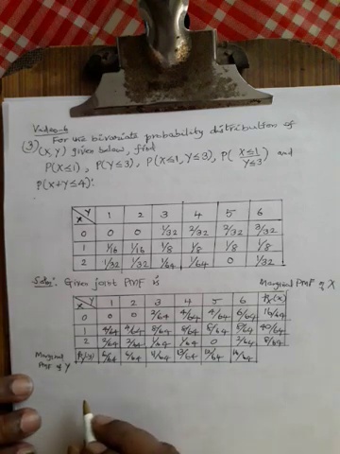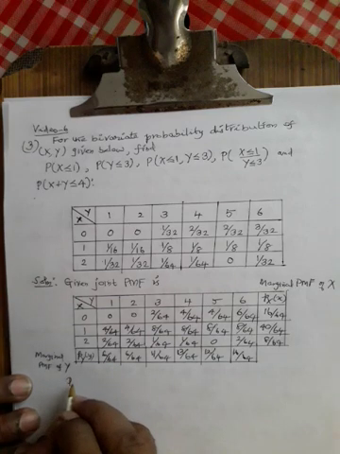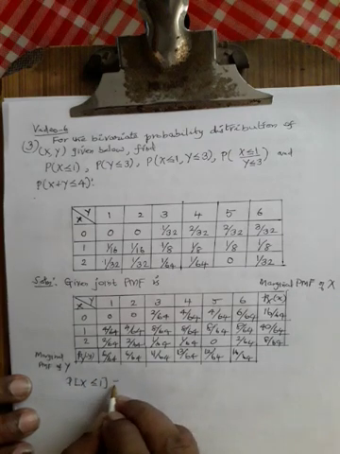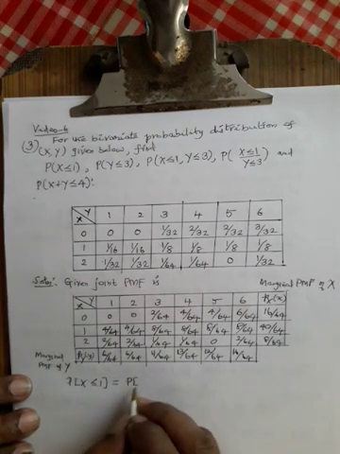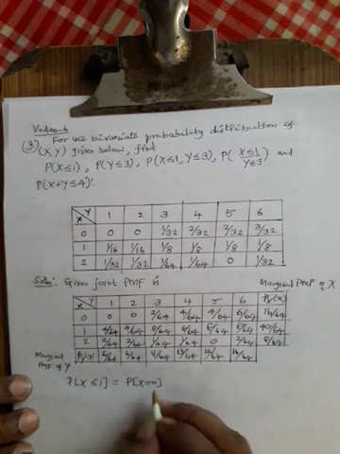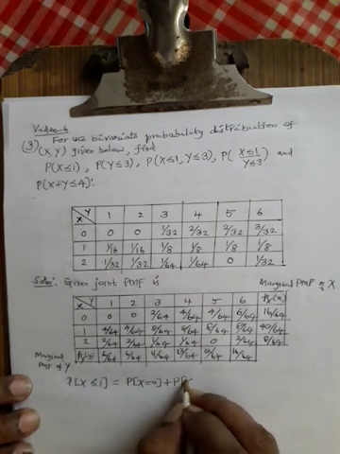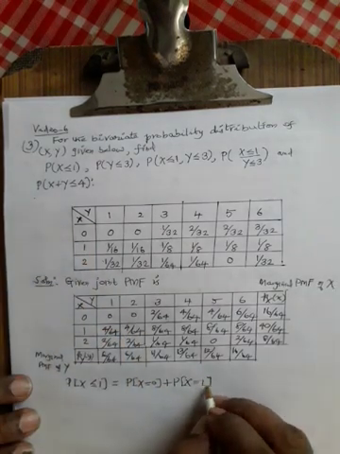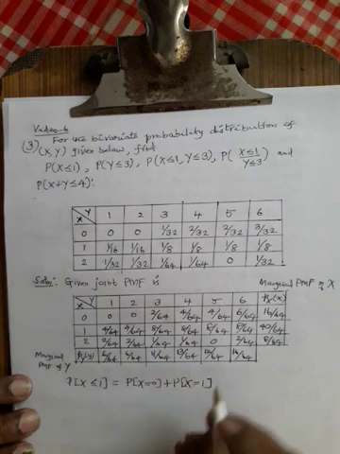Now we will answer one by one. First we will have to calculate P of capital X less than or equal to 1. So this is equal to P of capital X equal to 0 plus P of capital X equal to 1. Possible values of x are 0, 1, 2. So less than or equal to 1 means 1 and 0.